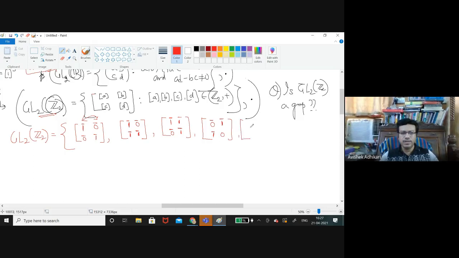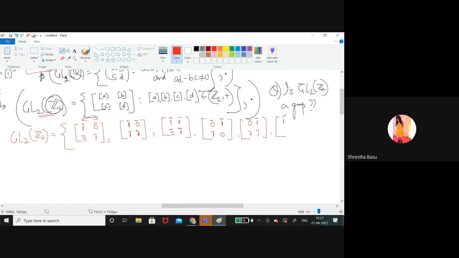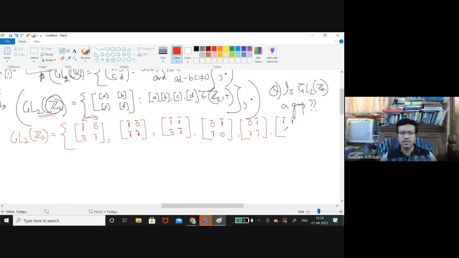So give me any other element. 0111. Very good. Just rotate this element. Any other element? 1110. Sorry, 10. 10. Very good. Any other element? You can check that you cannot have any other element.